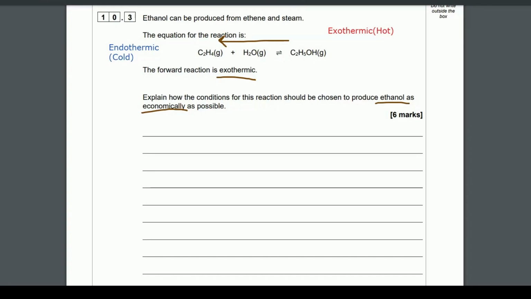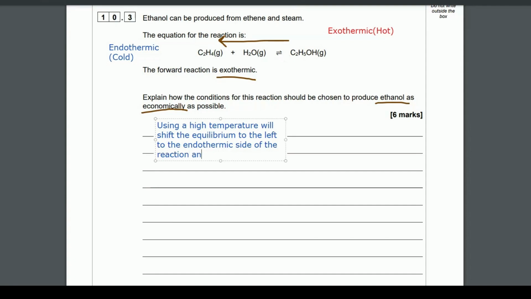So using a high temperature will shift the equilibrium to the left, to the endothermic side of the reaction, and will decrease the yield.